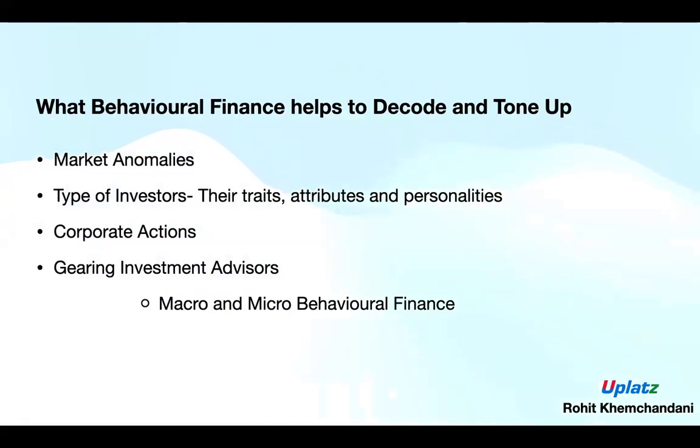Suppose there is bad news in the market for a certain stock, then people will start thinking that the share price may come down. They will start selling the stocks rather than caring about the horizon of the next 2 or 3 years. They think they have to save as much of their money right now. So they start selling and ultimately it crashes the market. So it also provides the explanation of various corporate activities.